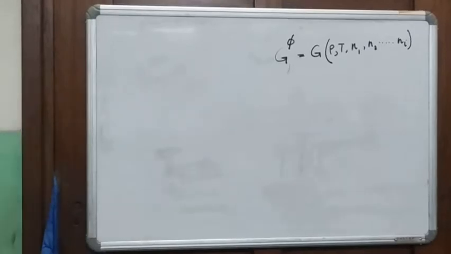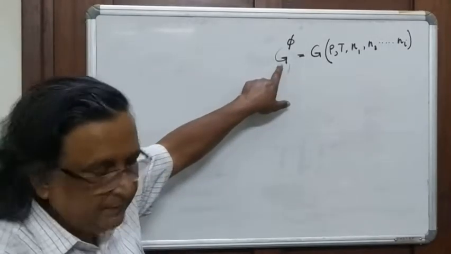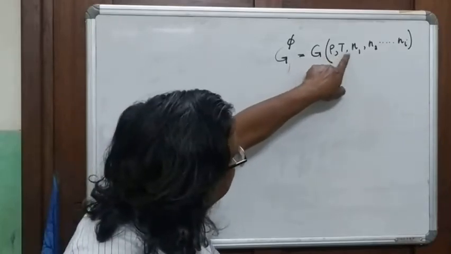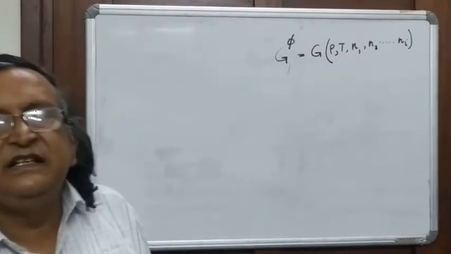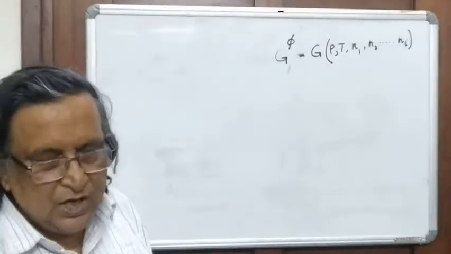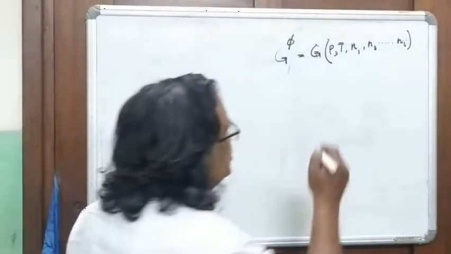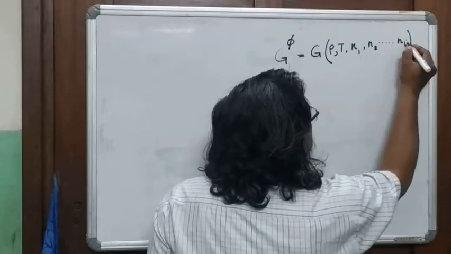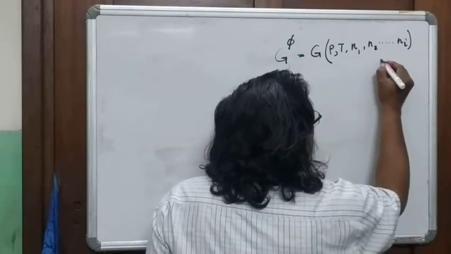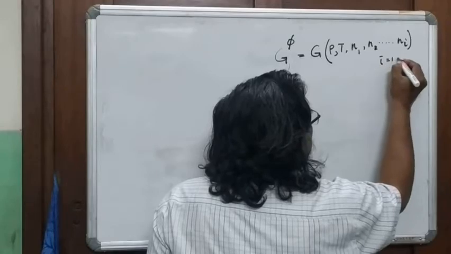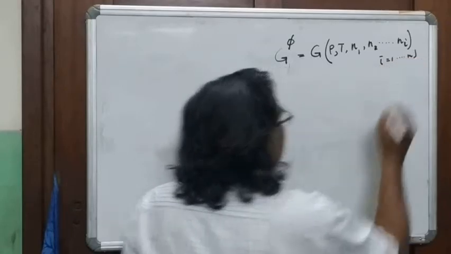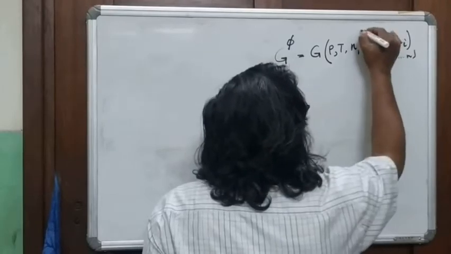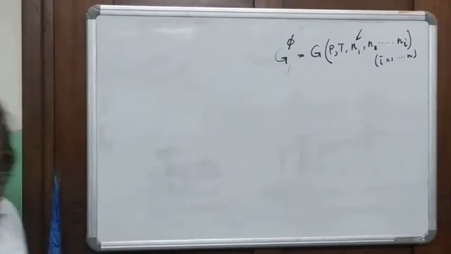This is what free energy is: a function of pressure, temperature, and N, which is the number of moles, of component 1, component 2, to component i, so i is equal to 1 to n. And this n is the number of moles.